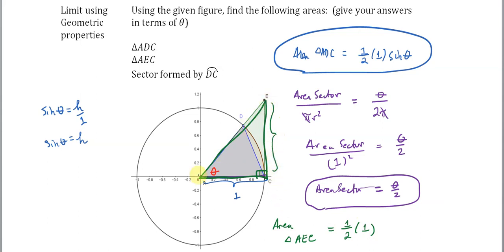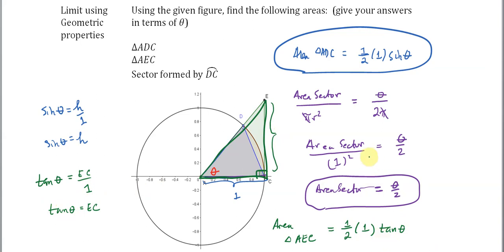But looking at the big triangle, you can see that we could use the tangent ratio. Tangent of theta is equal to EC, which is the height of the triangle, over 1. So that means tangent of theta is equal to EC. And remember, that's the height of the big triangle. So this is also just tangent of theta.